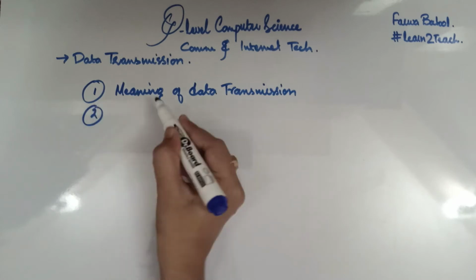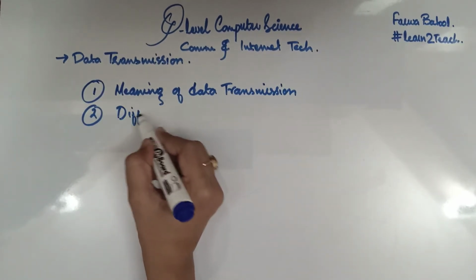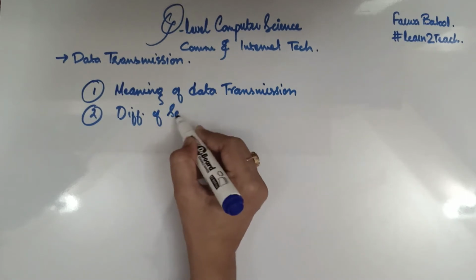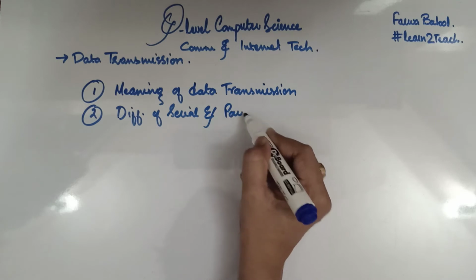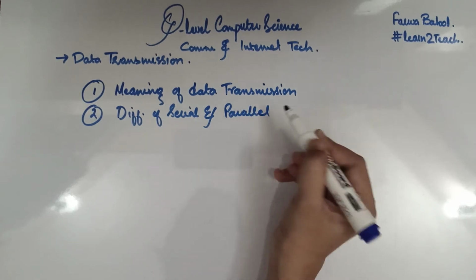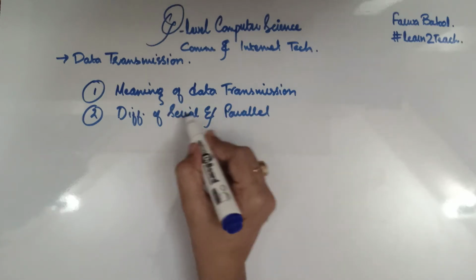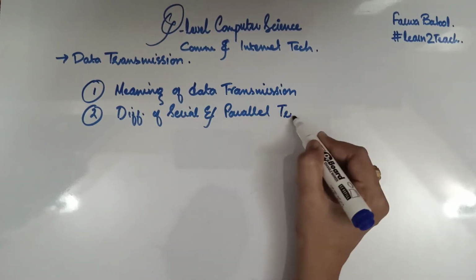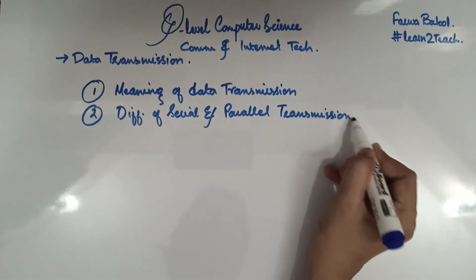Secondly, you must know the difference between serial and parallel data transmission. These two kinds of data transmission are done when you are transmitting data. You must know what the difference between them is, and how you are going to distinguish between them.